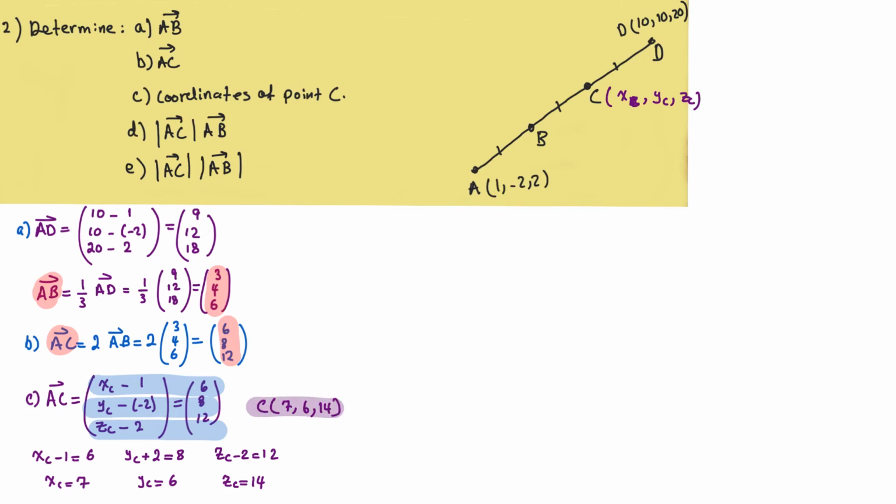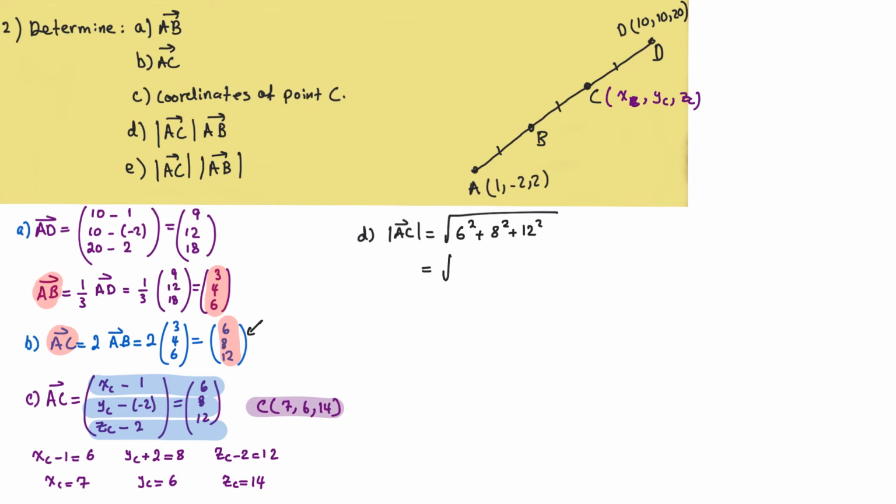Okay, for the next question, we're trying to find the magnitude of AC multiplied by a vector AB. So to find the magnitude of AC first, we will have to take the square root of its x component squared. So vector AC, first of all, is this one. Its x component is 6, so it's 6 squared, plus its y component squared, that's 8, and its z component squared, which is 12.